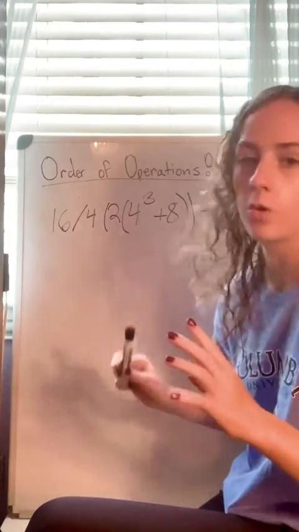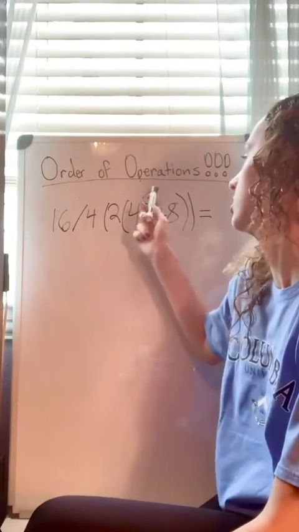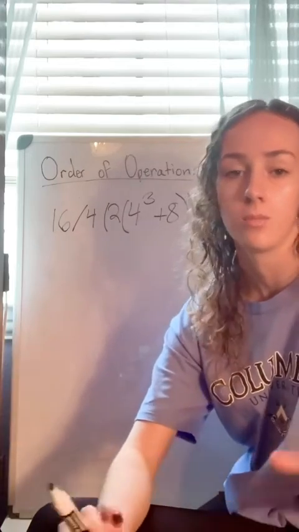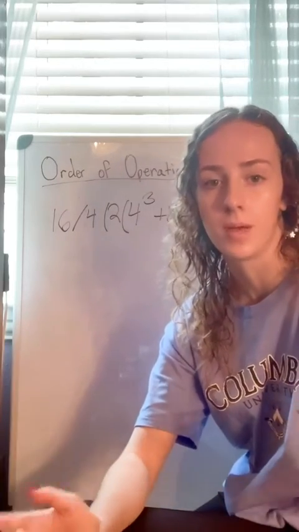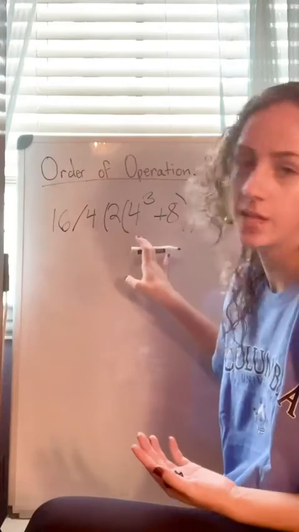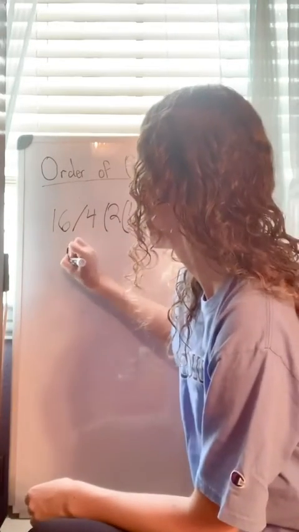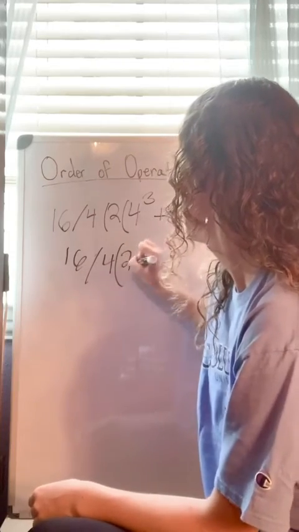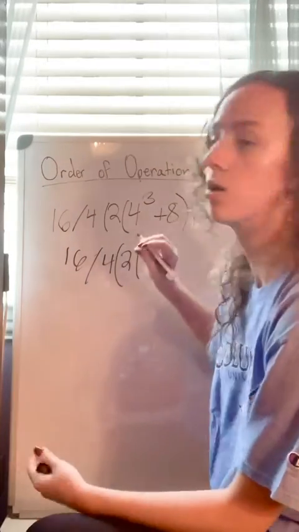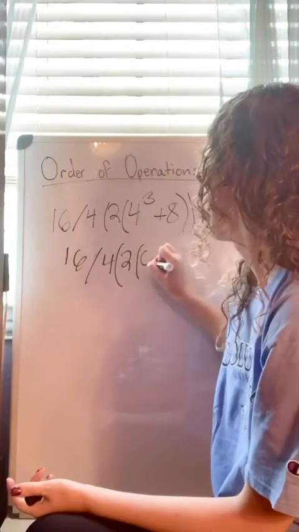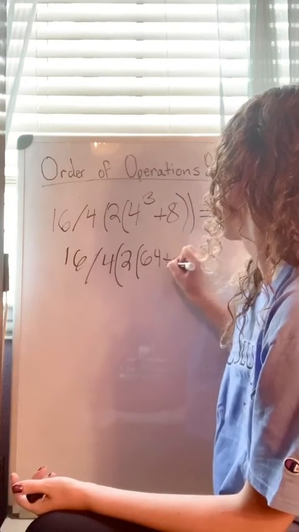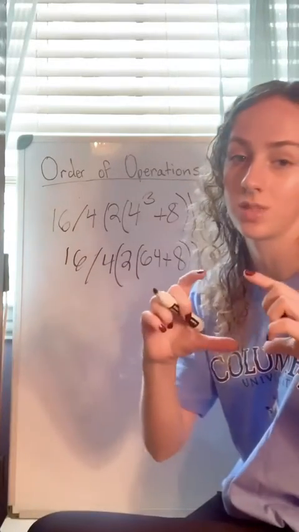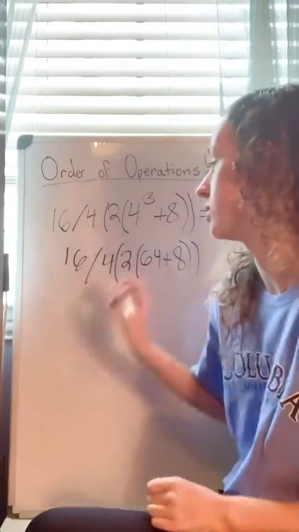First, we're going to locate our innermost parentheses, which is the 4 cubed plus 8. Remember, if we have multiple operations within parentheses, we do them in PEMDAS order. So we would simplify the exponent first. We would start by writing this as 16 divided by 4 times 2 times, 4 cubed, which is 64, plus 8. Now we still have that innermost parentheses, so we still need to solve it, even though it is addition.